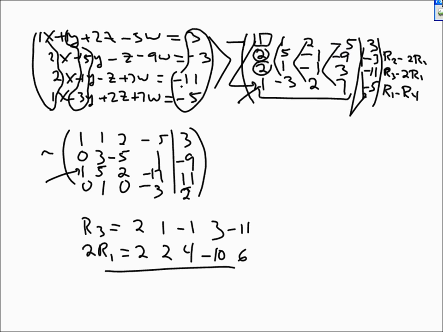And if I subtract, I get my 0. And I get negative 1, negative 5, 13, and negative 17. So, to be honest, I'm not sure what happened there, but I had a few mistakes. Possibly I copied down one of the rows incorrectly.